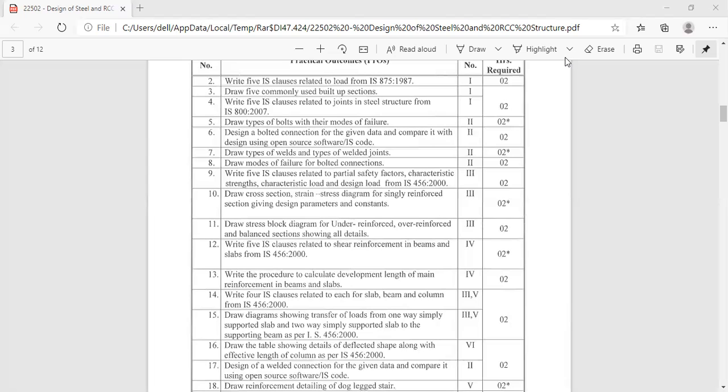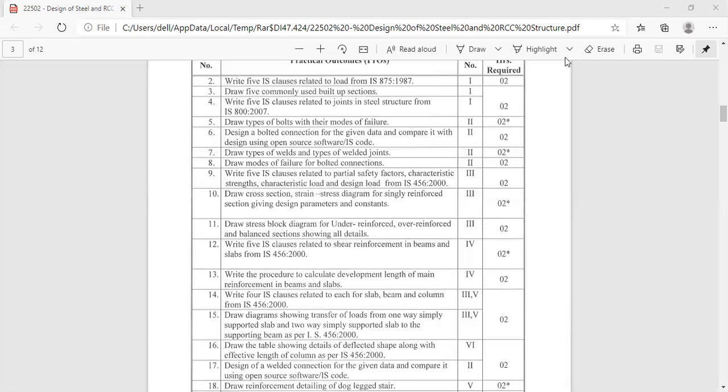For this experiment, the procedure is that we have to discuss the bolts and their modes of failure, as we discussed earlier, that is, the different types of bolts and modes of failure.